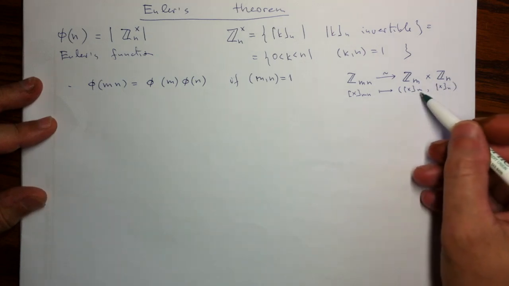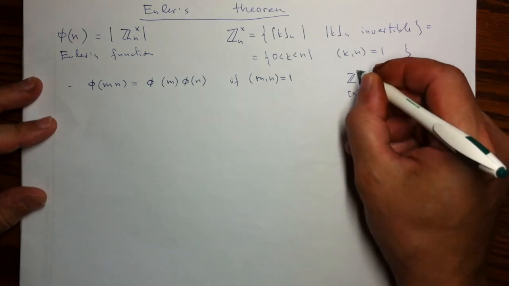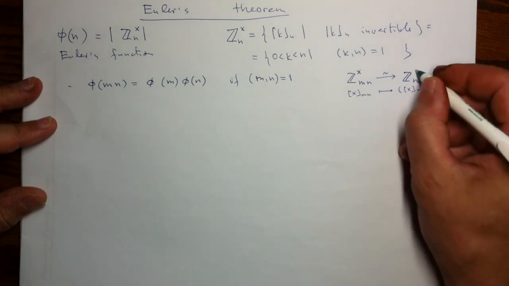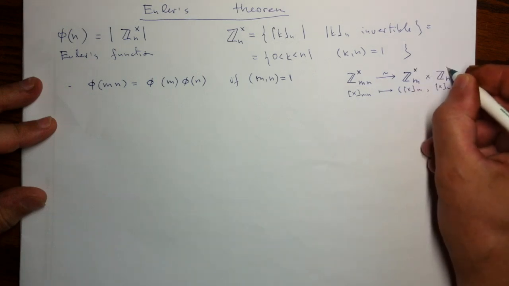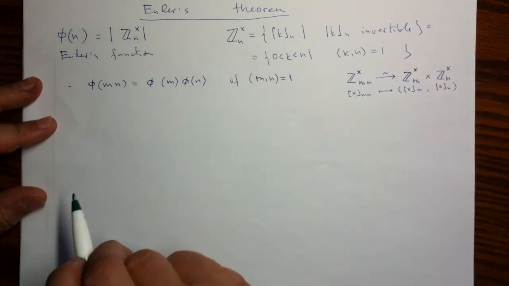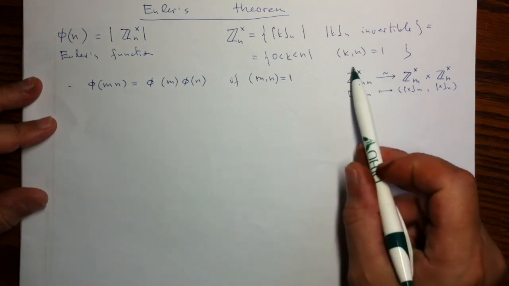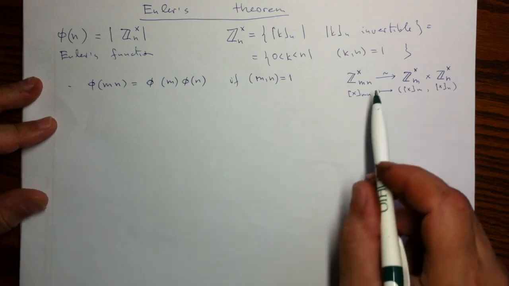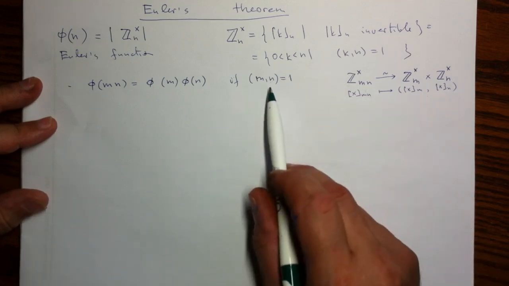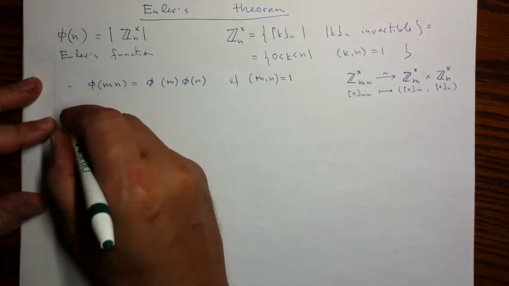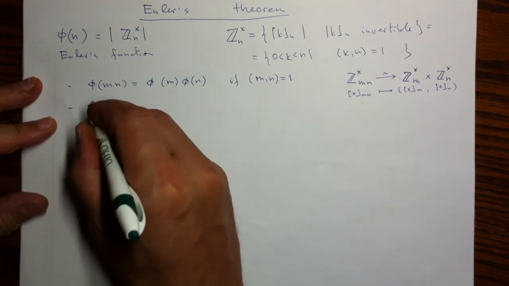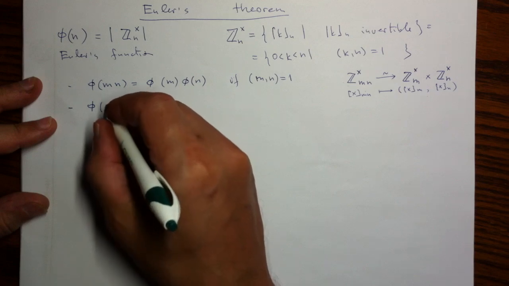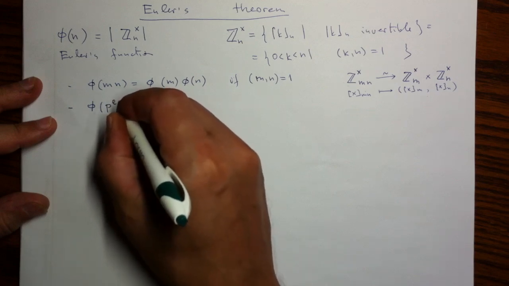And obviously it is multiplicative, and so it gives us a bijection between invertible integers mod mn and pairs of invertible integers mod m and n correspondingly. So counting this is as good as counting pairs in those, and that's why the formula. But it only works when m and n are coprime to each other, so that's why we have this condition in place. The second allows us to compute Euler's function on powers of primes.